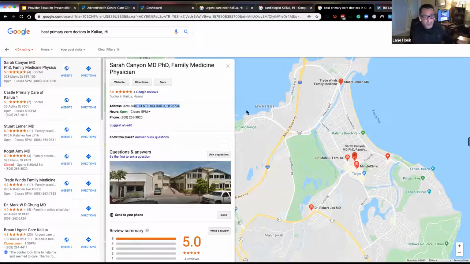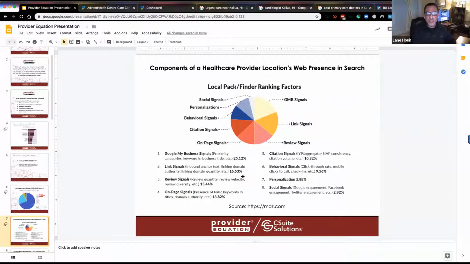So all of that results in the fact that in today's age, each individual healthcare provider location that is consumer facing really needs to be paying attention to all of these areas of their web presence, especially if they want to be optimized for search.